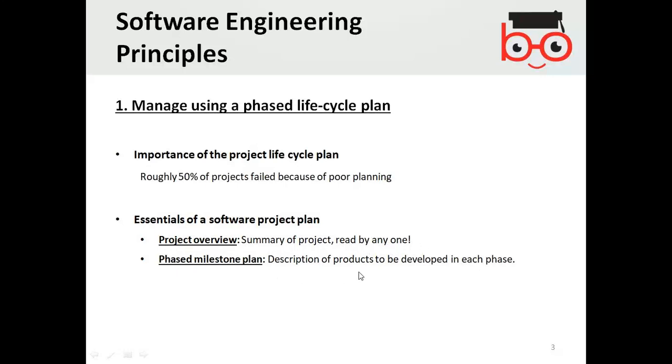Essentials of a software project plan include a project overview, a summary of the project readable by anyone, and a phase milestone plan, which is a description of products to be developed in each phase. So each phase should be developed according to its description, and it shouldn't go out of the description of what is going to be developed according to the plan.